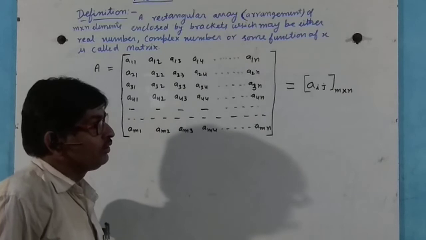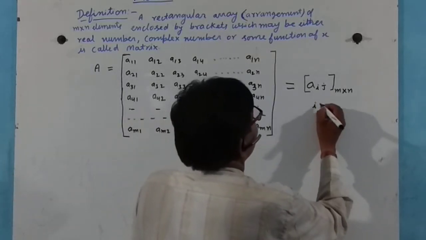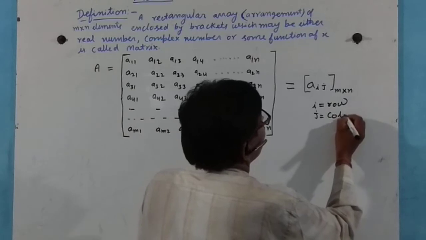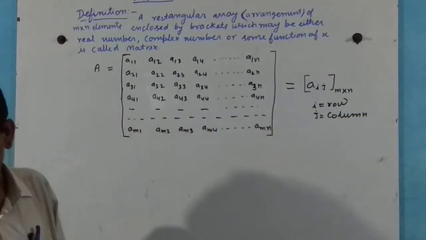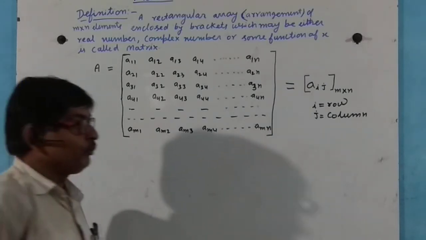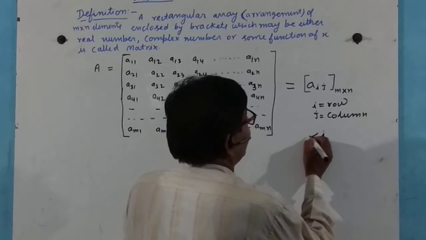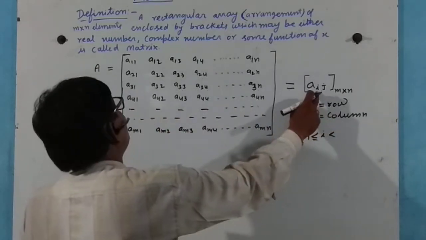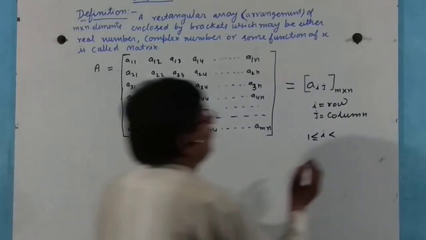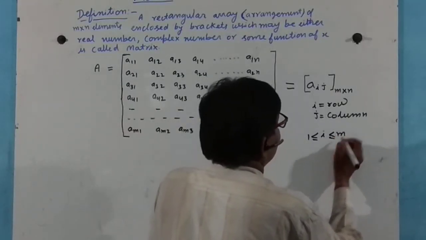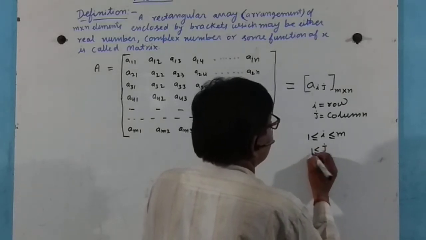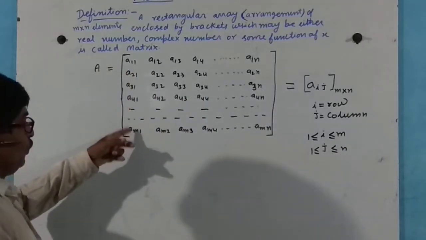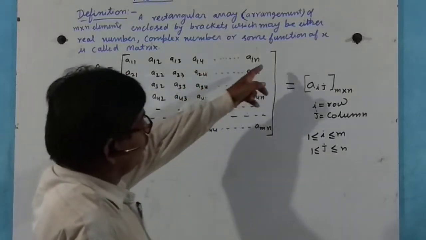Here i equals the row and j equals the column. i varies from 1 to m, and j varies from 1 to n.